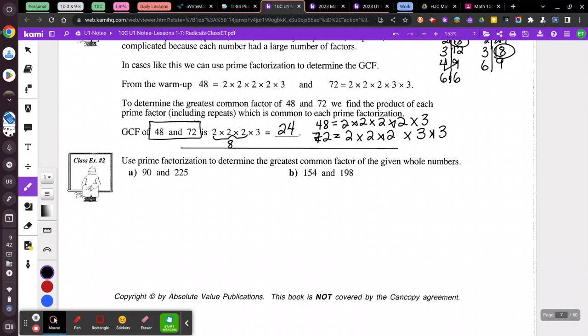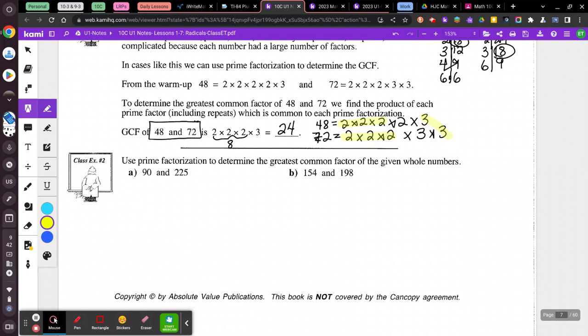So now what you do is you find out how many match in each row. So I've got 3 here and 3 here that match. I use them. Here I've got a 3 and a 3 that match. I use them. The ones that don't match, you don't use. You discard. Those are considered the ones that are not necessary for your greatest common factor. That's how they got 3 2s and 1 3.